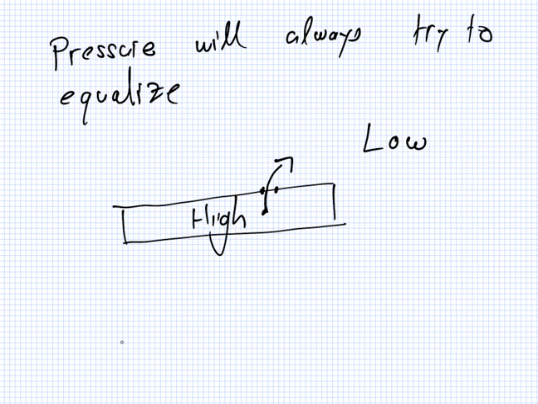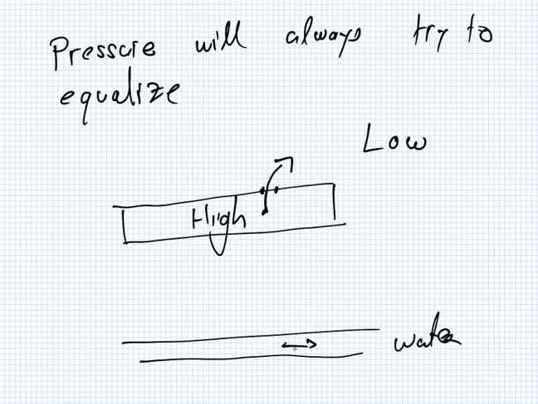If we think about a water pipe, this has a high pressure so that it can reach the top floor. But if there's a leak in it, the water will fly out, and it will continue to do this until the pressure in the pipe reaches the same pressure outside, which is 1.01 times 10 to the 5.